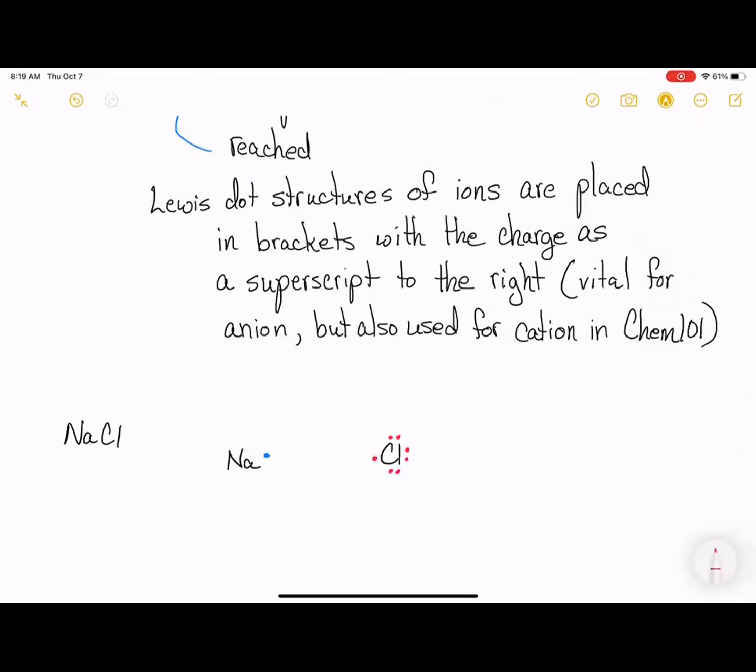Now, when these 2 elements come in close proximity to one another, the sodium is going to transfer its electron to the chlorine.